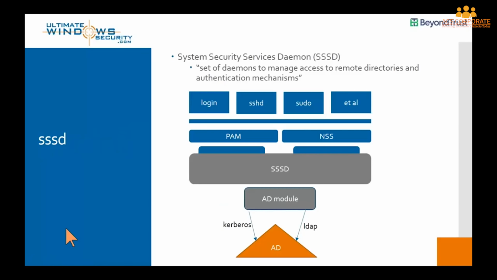In Linux, there's always a billion different ways to do something, and the current, most modern, best supported method right now is SSSD, the System Security Services Daemon. This is a set of daemons that manage access to remote directories and authentication mechanisms, and it itself is a pluggable, extensible architecture.